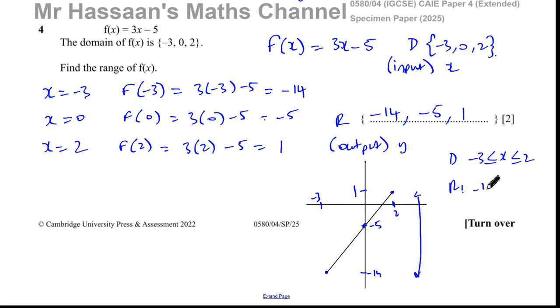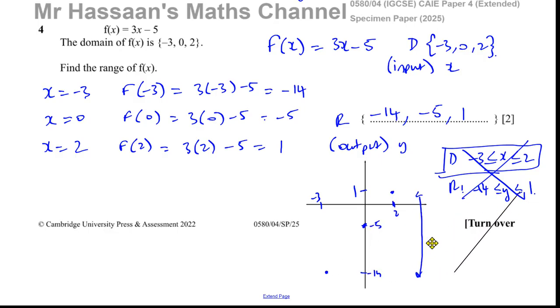So the range would be y values from negative 14 up to 1. That would be the range if they gave the domain in this format. That means you'd have all the values, and that's why you draw the line. But this question is not like that. Because it doesn't have this, that line is not going to be there, and you only have these individual 3 points. So you don't join them together if you're asked to draw a diagram.